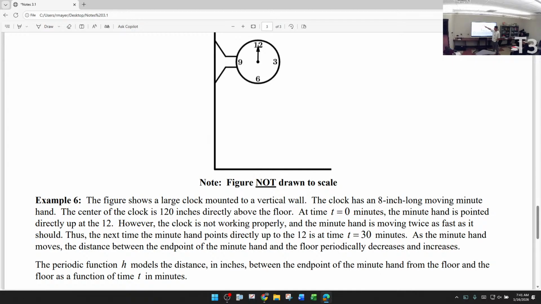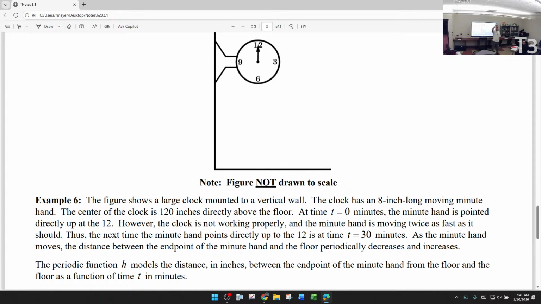It did, 8 inches. So it's 128 away from the floor at the start. At some point we become 120 from the floor, and then at some point 112 from the floor. Y'all kind of see that? Good?